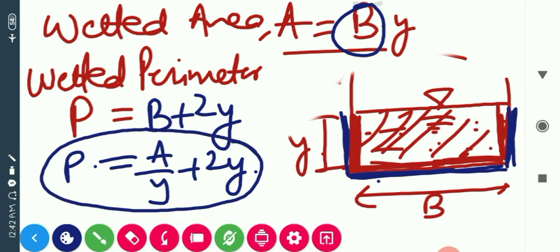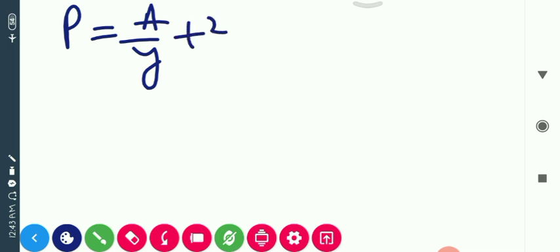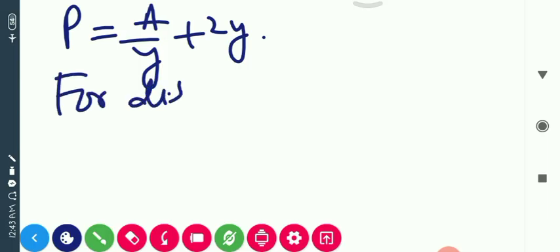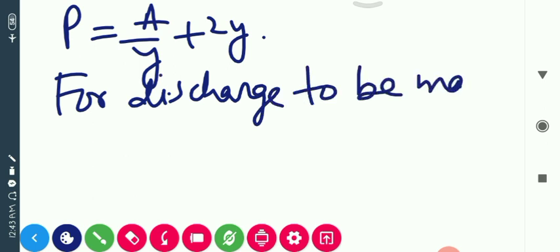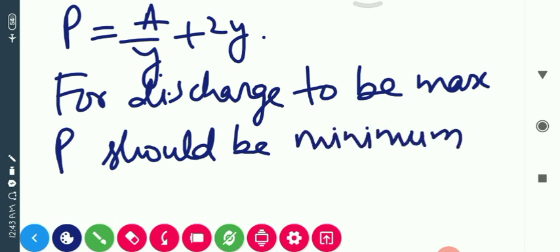We need to differentiate this value of P and will work according to that. Okay, so we have P equal to A by Y plus 2Y. So now for discharge to be maximum, perimeter should be minimum.